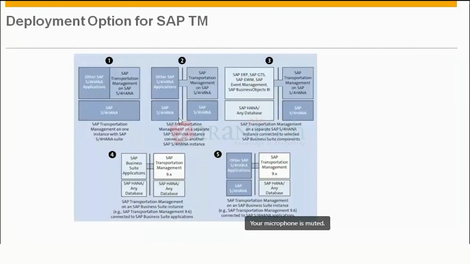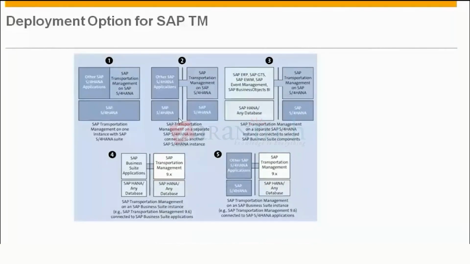In one variant, your ERP client is already on S/4HANA, but you want a separate server for SAP TM because you don't want the same release cycles for the implementation of both systems at the same time. First, I want stability in my ECC system, and only then should I go for the implementation of S/4HANA for TM. That is one reason.